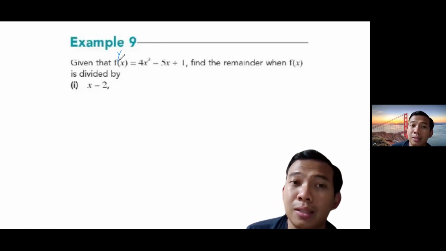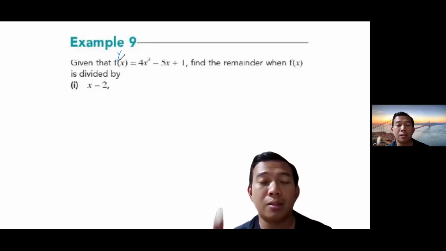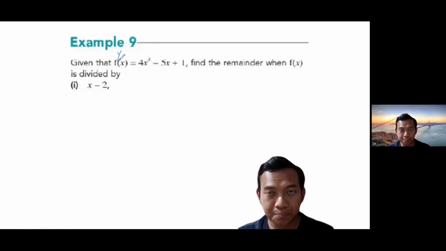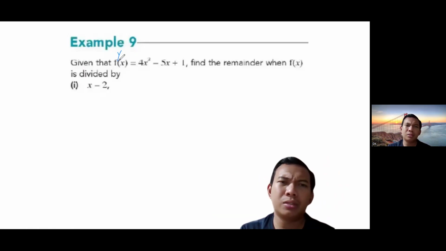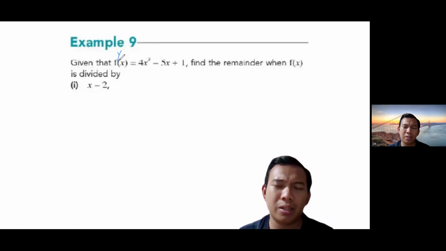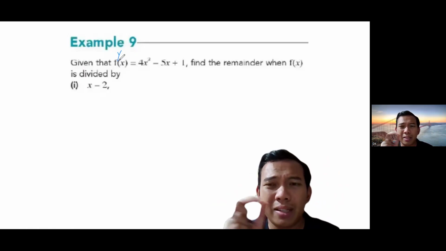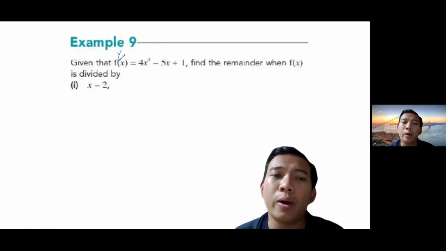Given that f(x) is 4x cubed minus 5x plus 1, find the remainder when f(x) is divided by x minus 2. Rather than doing all that long division, which is quite lengthy, and not to mention the minus minus, there can be a careless mistake somewhere.